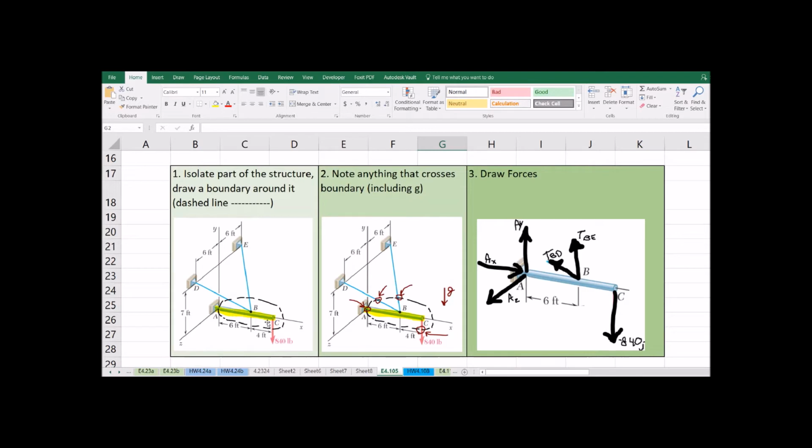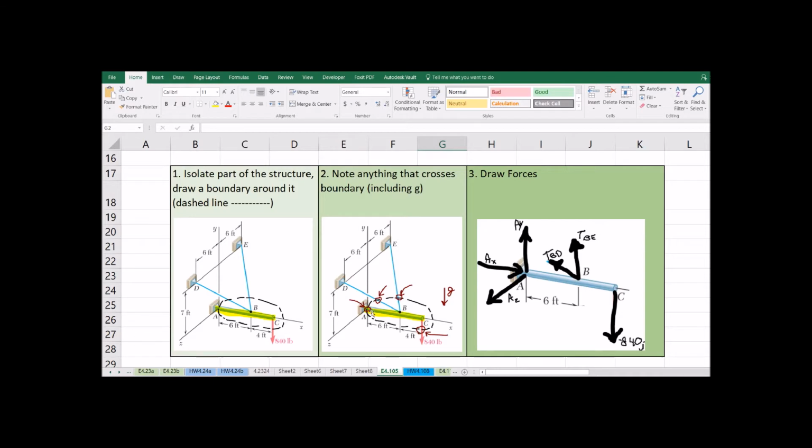Isolate a chunk of it. Sometimes it helps to actually draw a line around the piece that you're isolating, and then look at what crosses that line. So my 840-pound force crosses that line. We know we have to draw a force there. The tensions, we are chopping through those tensions in order to isolate this piece, so we're replacing anything we cut with a force.